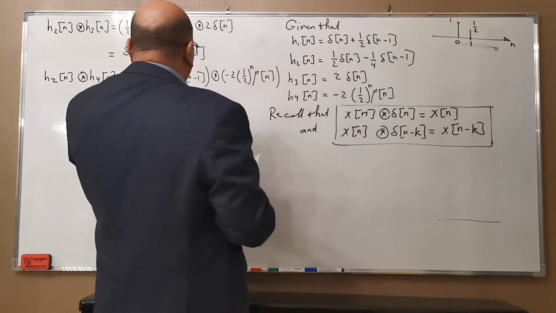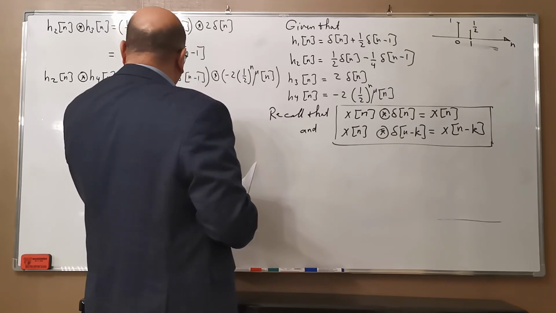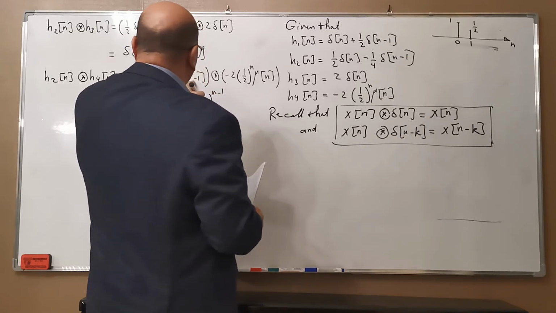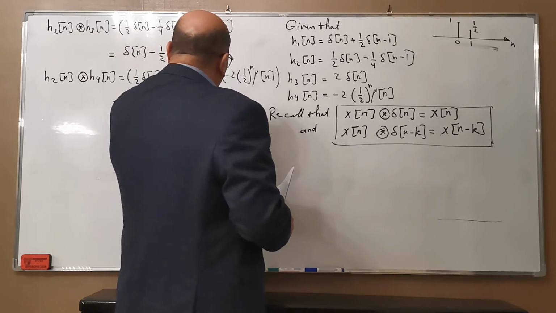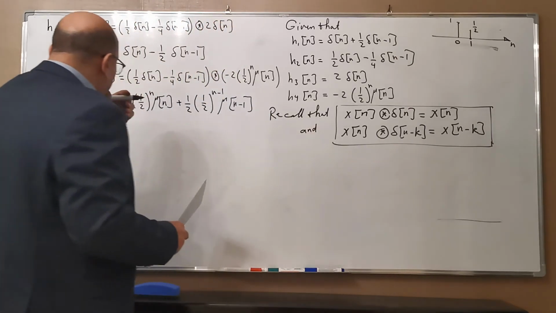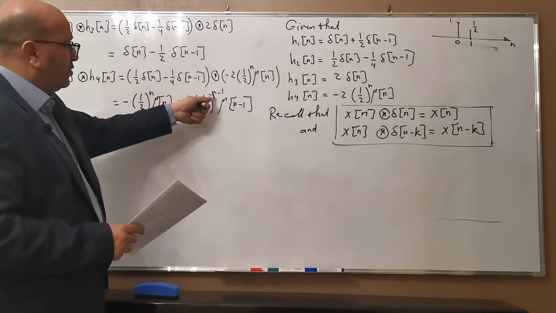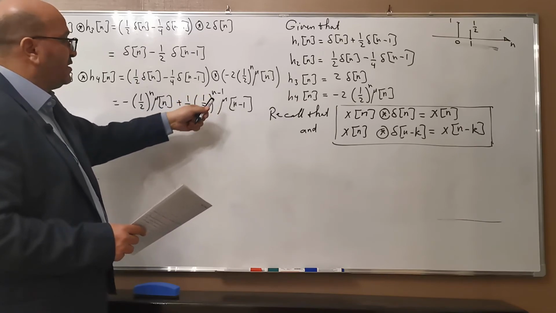And the second one is minus 2 times 1/4, which is plus 1/2 times (1/2)^(n-1) u of n minus 1, because the delta is at n minus 1. The 1/2 here with this one gives 1/2 to the power 1, and you have to the power n minus 1.